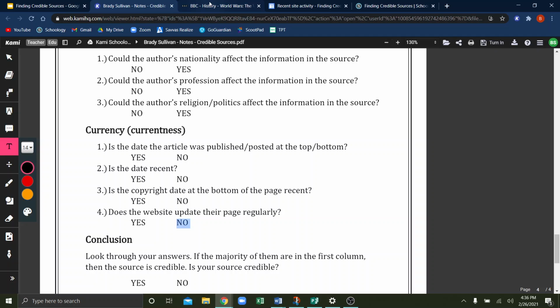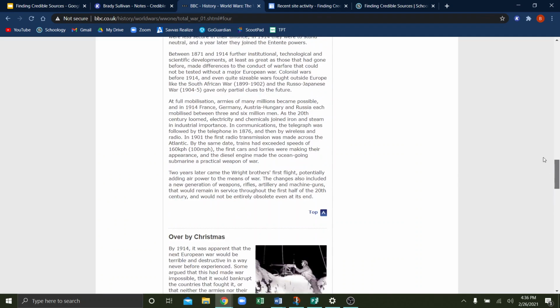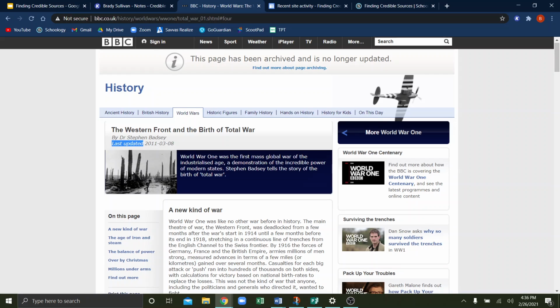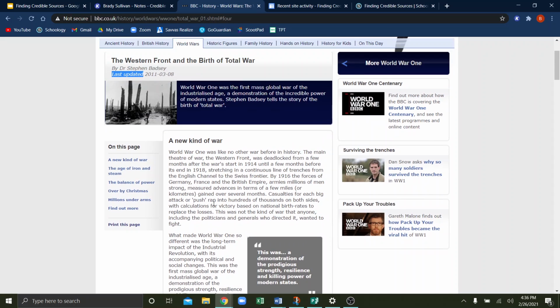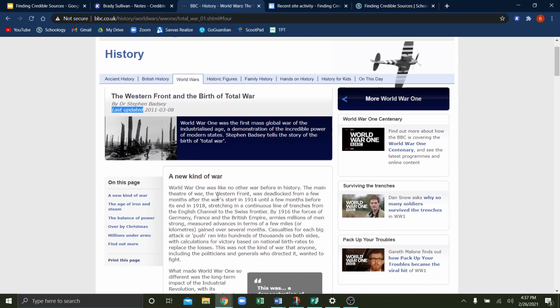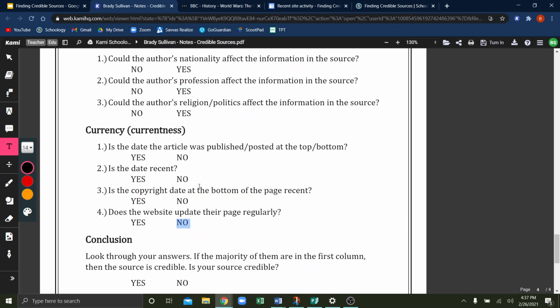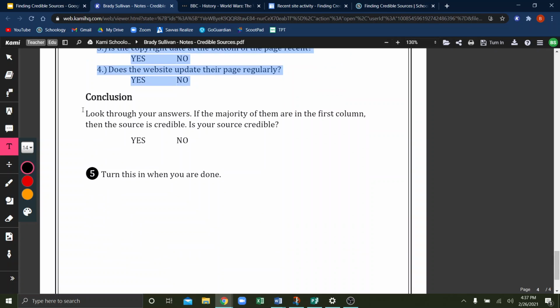No. And the reason that I'm using this as an example is because up at the top, you may have noticed, it says this page has been archived and is no longer updated. And on the date, it says last updated. So at some point, somebody came in here and said, let's fix something. But since then, they've given up. So that should raise a red flag to you and say, okay, this fails our currentness test.